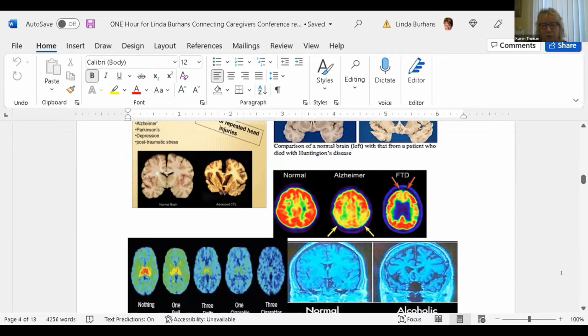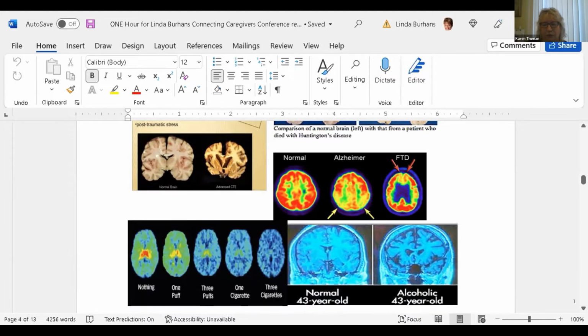So here's a normal brain, here's an Alzheimer's brain, and here's an FTD, frontotemporal dementia. Lots of weird behaviors associated with FTD. Sometimes it's inherited. They don't really understand it very much, but it really can affect people in a bad way.